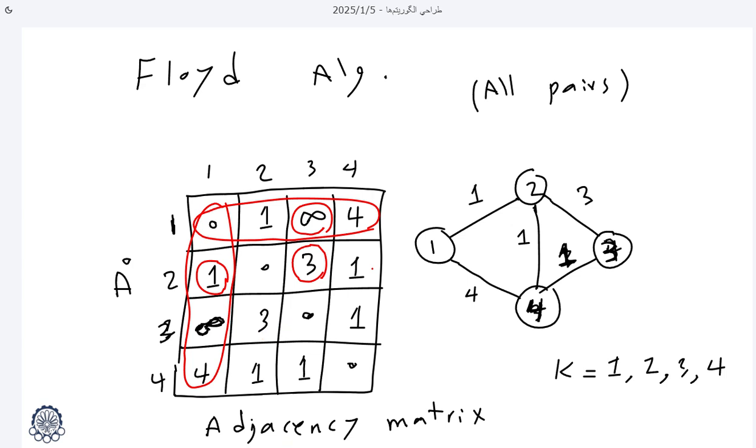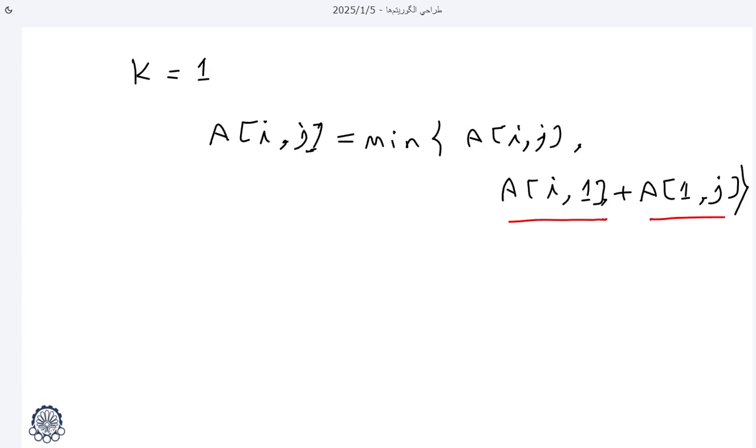because in this formula the old value of aij is less than the value of ai1 plus a1j, so A1 is the same as A0 here.